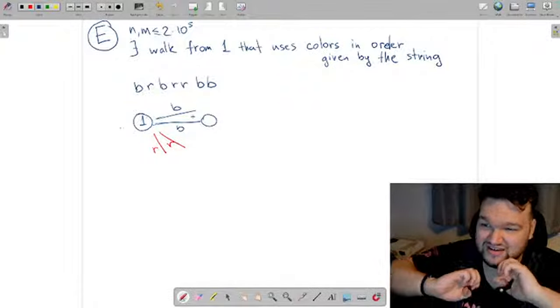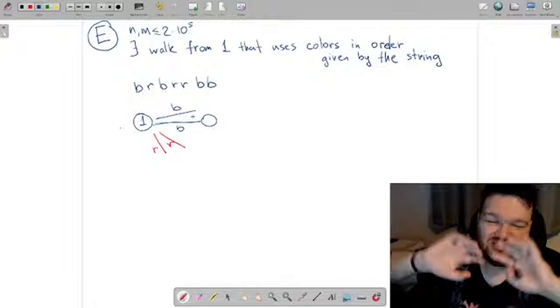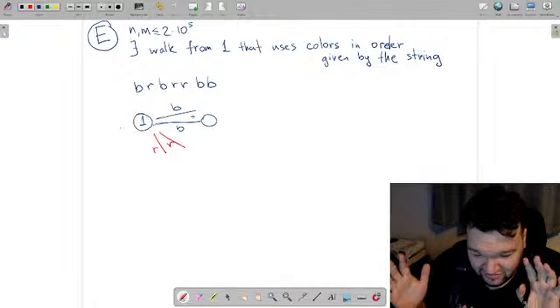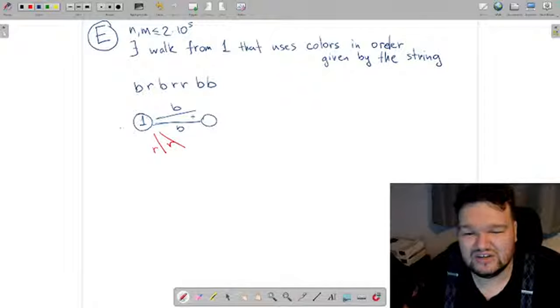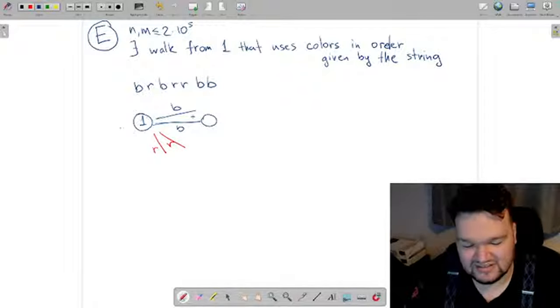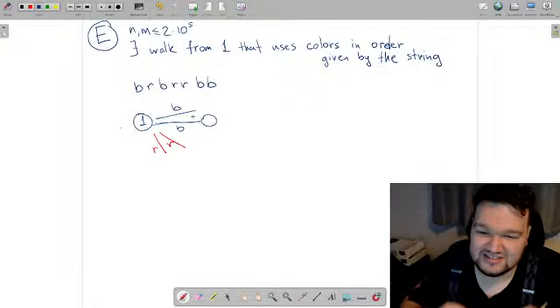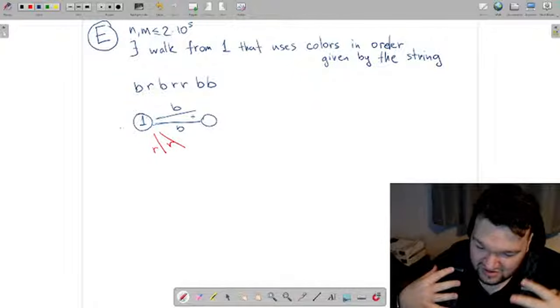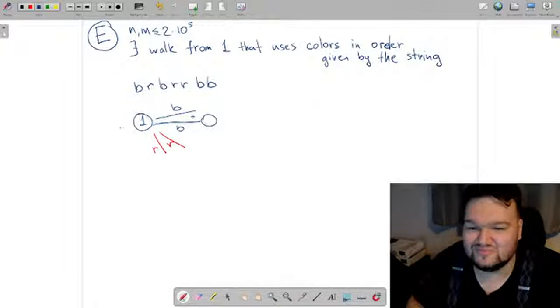We can say that we non-deterministically go and maintain a set of vertices that are available right now, but that is a nice thing to think about, but we definitely cannot implement that.